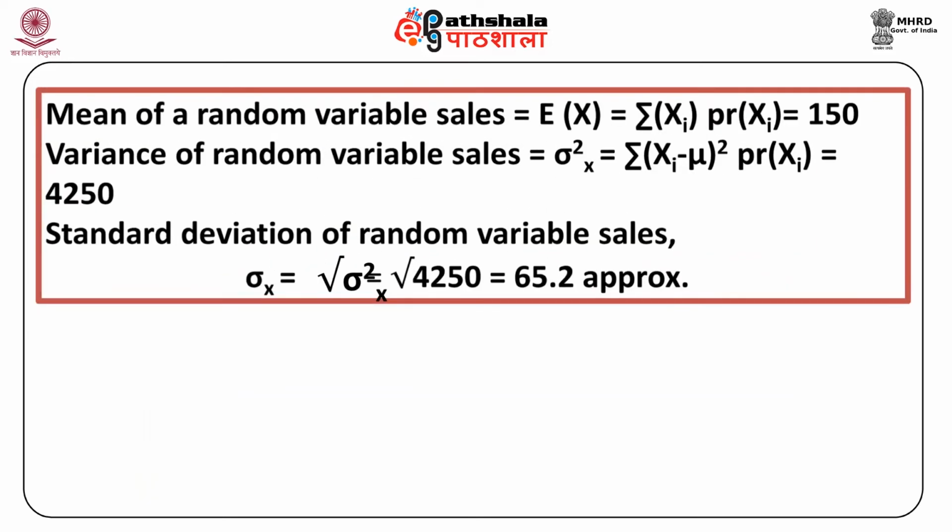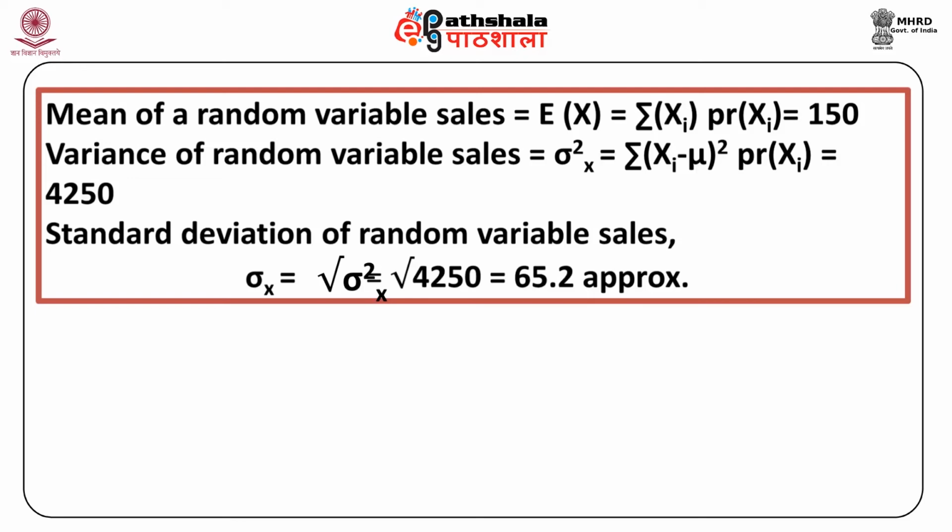4250.00. Mean of a random variable for sales is equal to expected value of x, which is sigma xi into p(xi), equal to 150. Variance of a random variable for sales, which we have denoted sigma square x, is equal to sigma [xi minus mu] square into p(xi), equal to 4250.